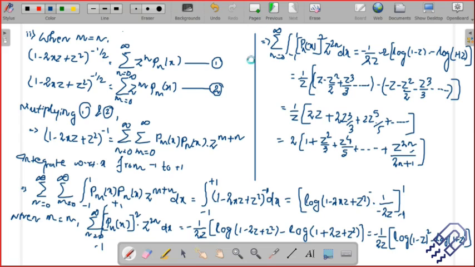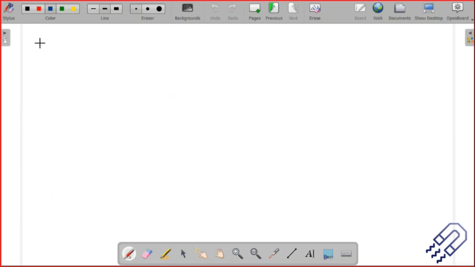Okay, so let me take a page. So we have it as summation n is equal to 0 to infinity integration minus 1 to plus 1 P_n(x), whole square z to the power 2n dx is equal to 2 times, and this one you can actually write down as summation also.